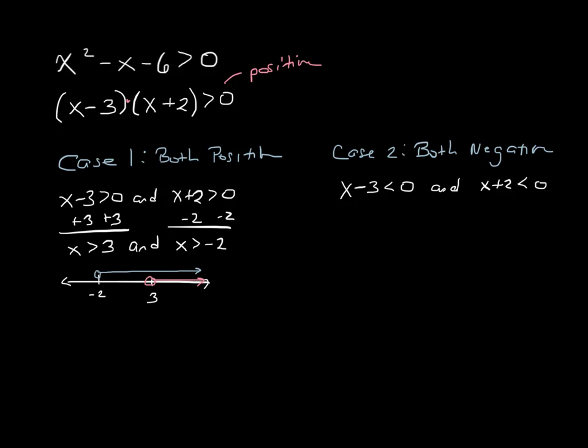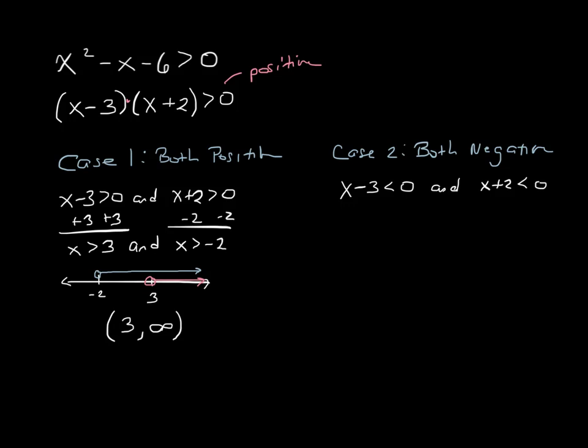So the numbers that are both greater than 3 and greater than -2 would be from 3 to infinity. That's where we have this overlap here. So I'm going to write that using interval notation: the numbers that are greater than 3 and also greater than -2 are 3 to infinity.